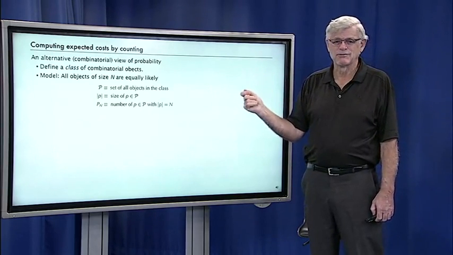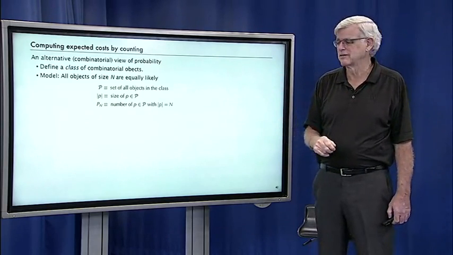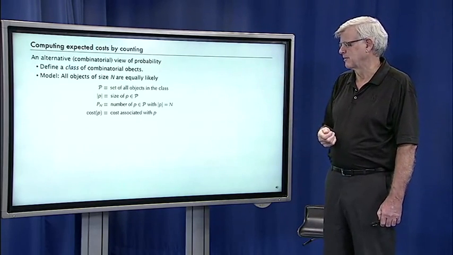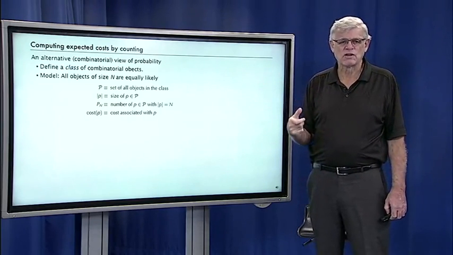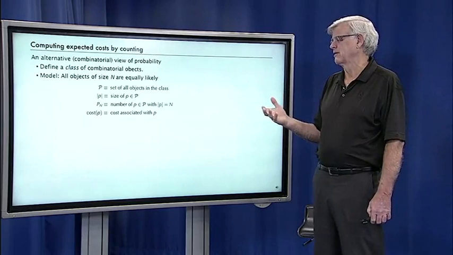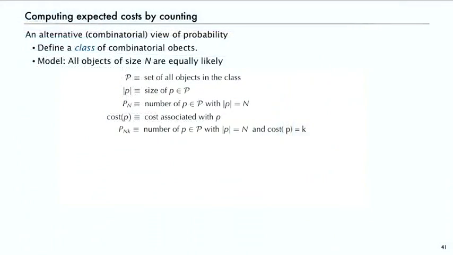Then we have the counting function, that's the number of objects that have size n. So that's what we've been talking about up to this point. But now let's say we also have a cost associated with each object. Then we're going to be interested in the number of objects that have a given size and a given cost.